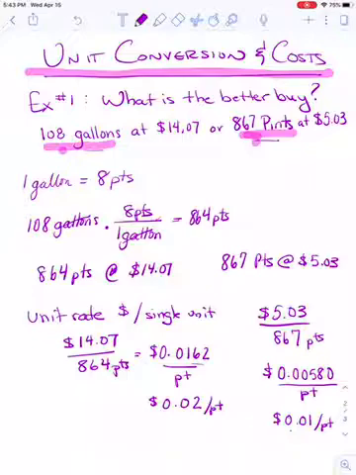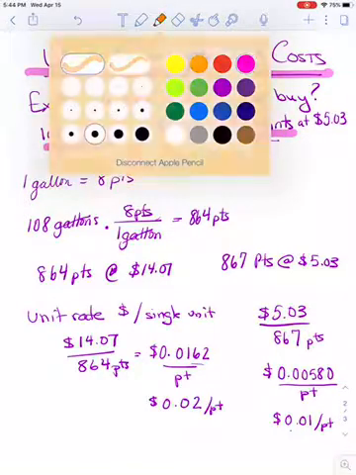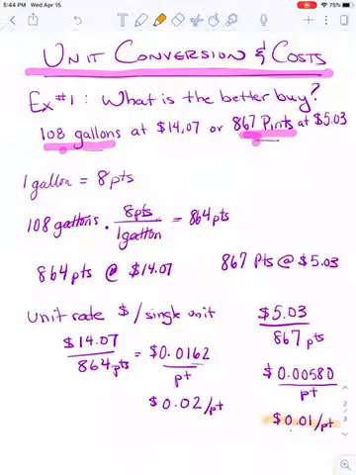So in this particular case, in the original problem, I'll get a different color highlighter here, this was the better buy, which came from this, which came from this. And that is how you compare and find out which is the better buy by finding a unit price that you can compare by first converting the units.